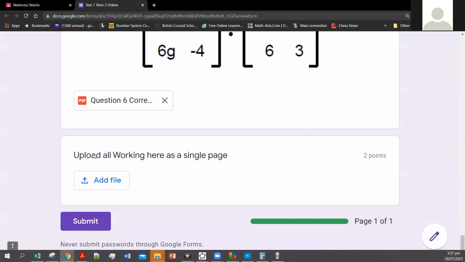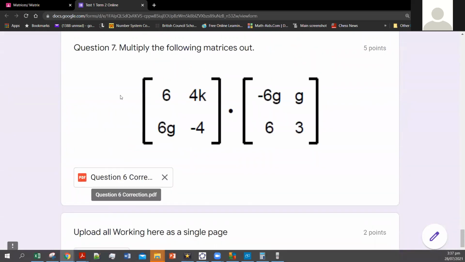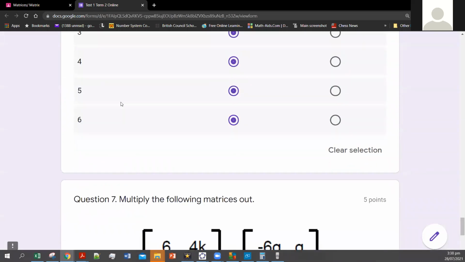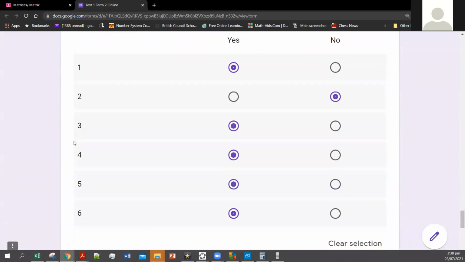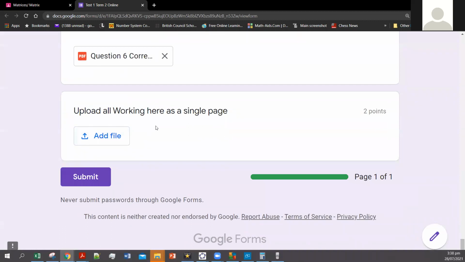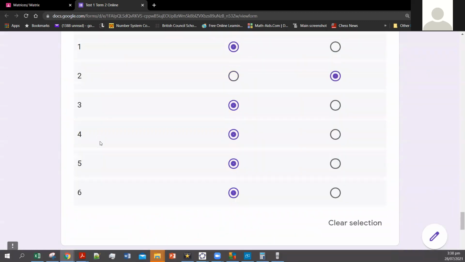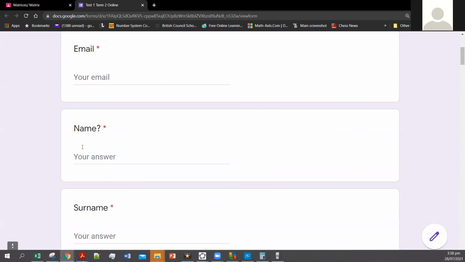This was just an activity to test if you can use your Adobe Scan, and that will scan all the images together as one, or all your answers you wrote on paper as one, and then combine it or upload it here. Or if you could not upload one by one, then you can also upload everything here as one page. So that is basically the correction of the test.